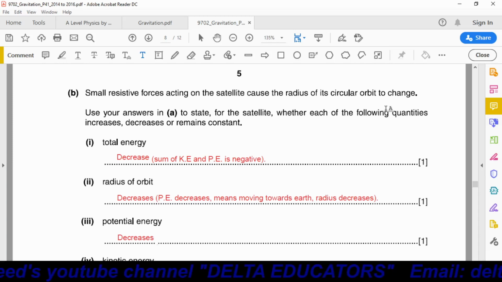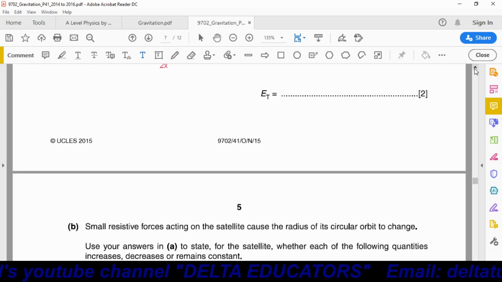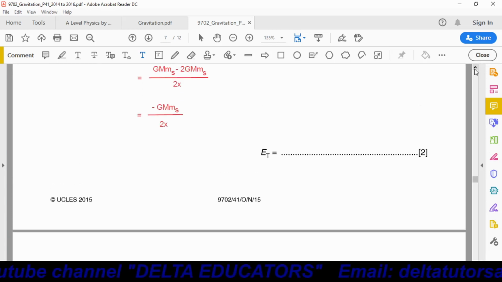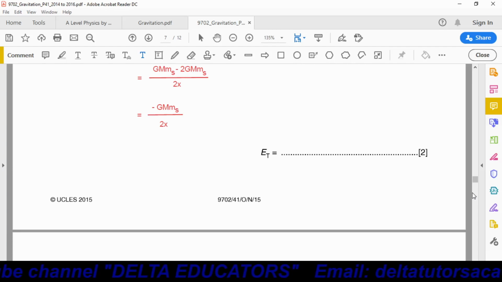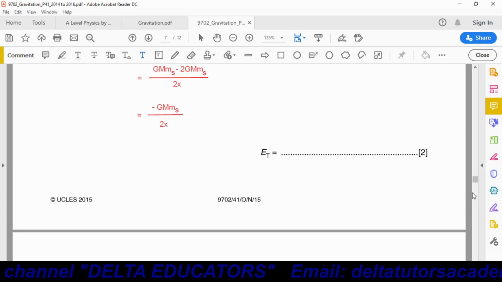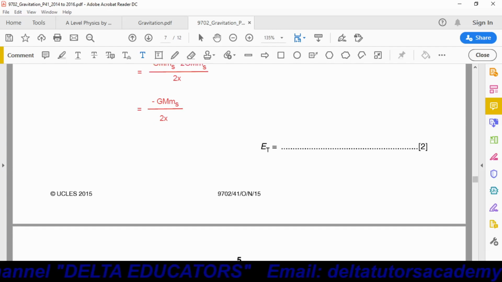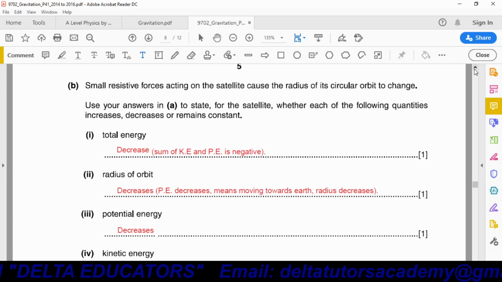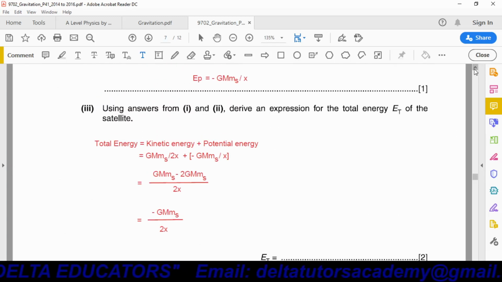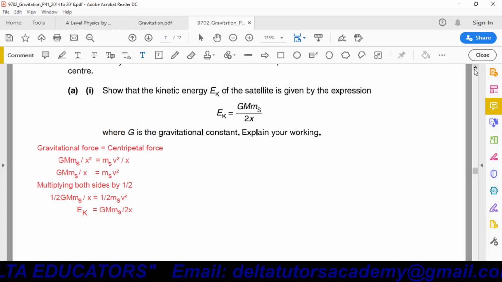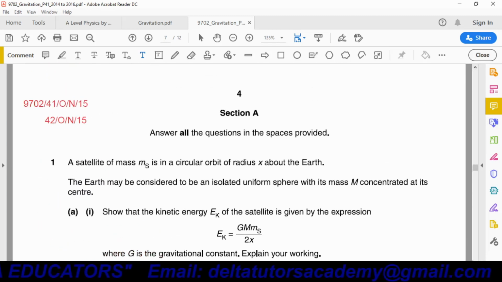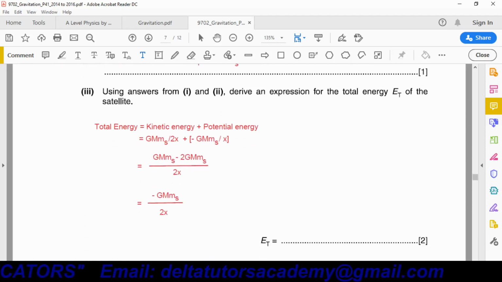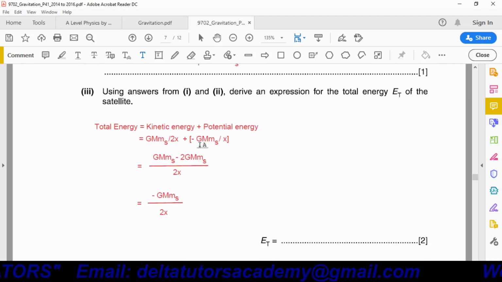Radius of the orbit. We have studied that when an object is moving towards the surface of a planet, its potential energy decreases. In this particular case, we have potential energy with minus sign.